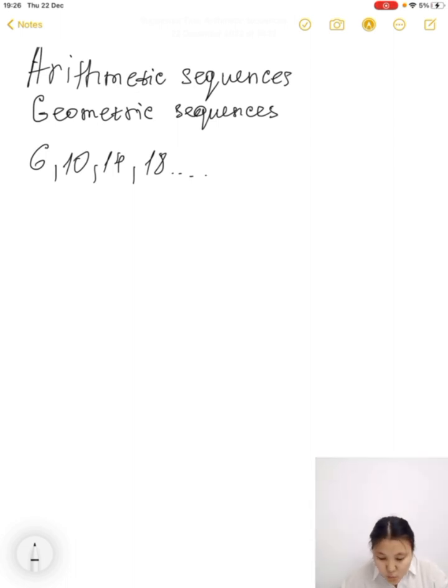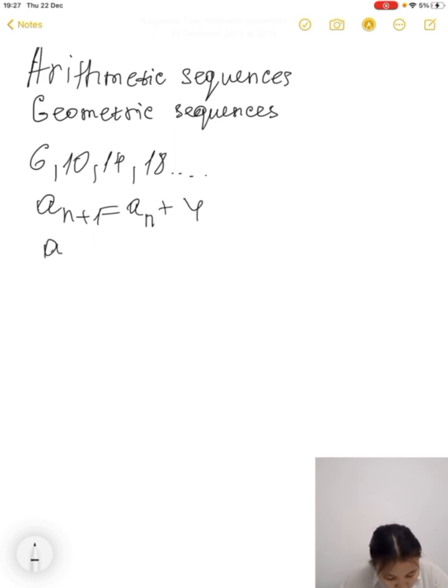Obviously, the difference between each term is equal to 4, and the sequence can be written as a sub n plus 1 is equal to a sub n plus 4, where a sub 1 is equal to 6.